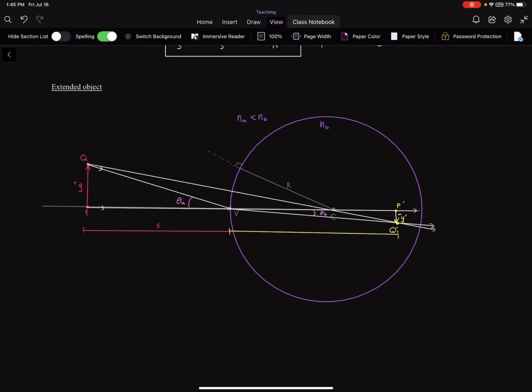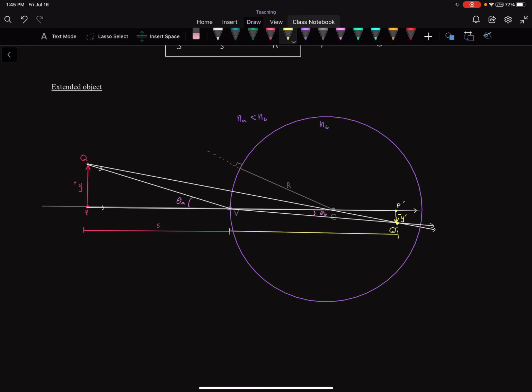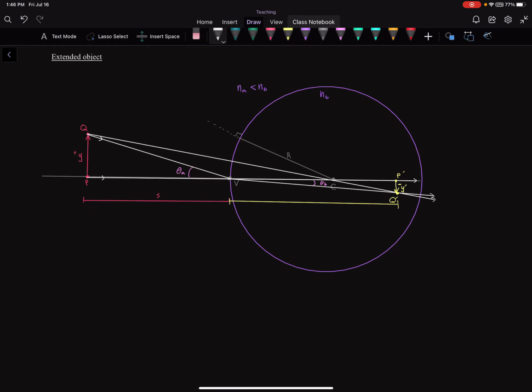All right, so we can write down some things looking at some triangles. So we have triangles PQV, and we have P prime, Q prime, and V. All right.